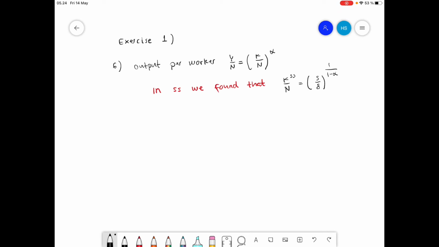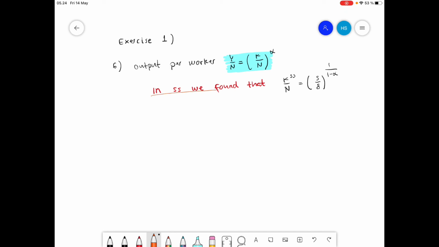In question 6, we have to give an expression for output per worker in the steady state. From earlier, we know that the output per worker function is equal to the capital stock per worker, that is k over n, to the power of alpha.